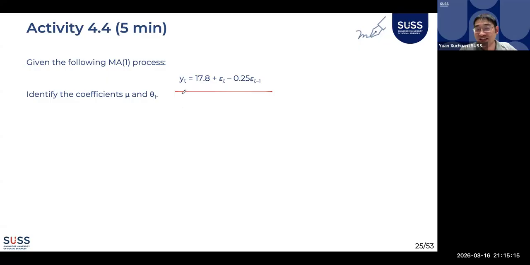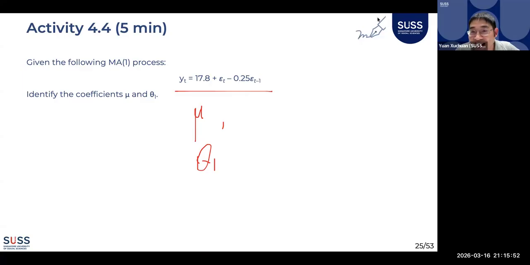So remember, what is the definition of the MAQ model? Can you tell me what is mu here? What is theta 1 in this model? All right, Louis, you mentioned mu equal to 17.8 and theta 1 equal to 0.25.